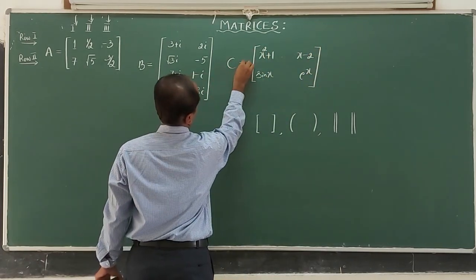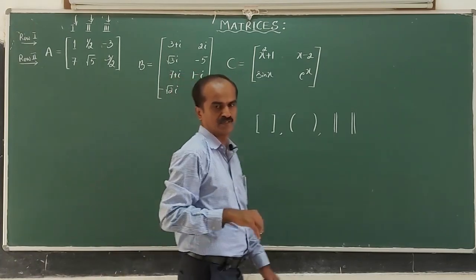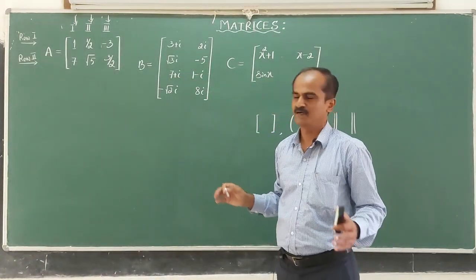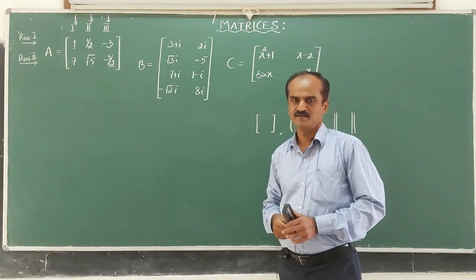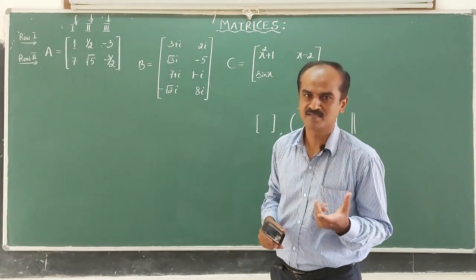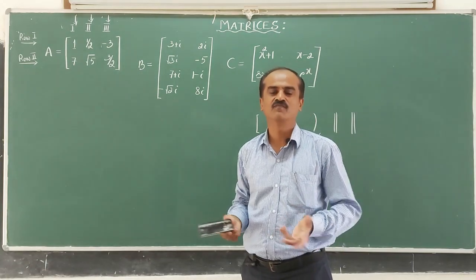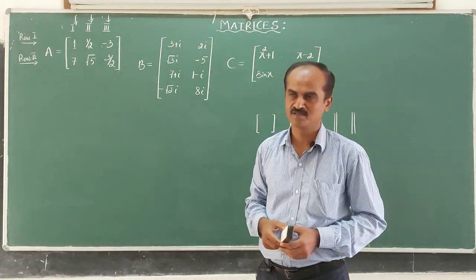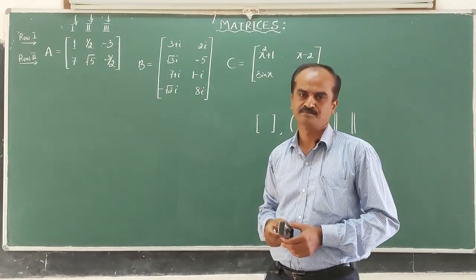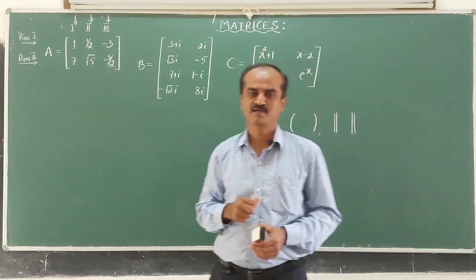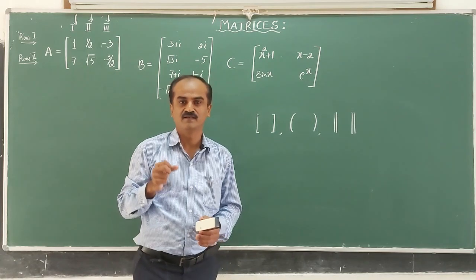So let me write it as matrix C. So A, B, C are clearly matrices because the definition says arrangement of numbers or functions in the form of rows and columns. So these are all perfect examples of matrices. Now let me check what is the order of the matrix.